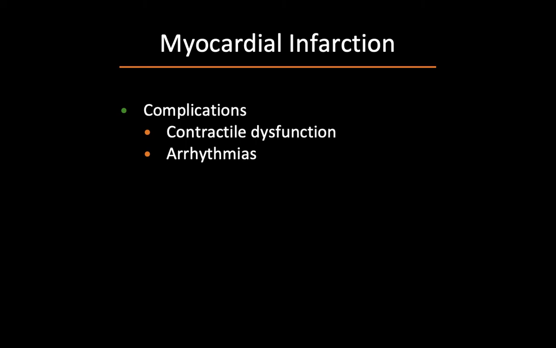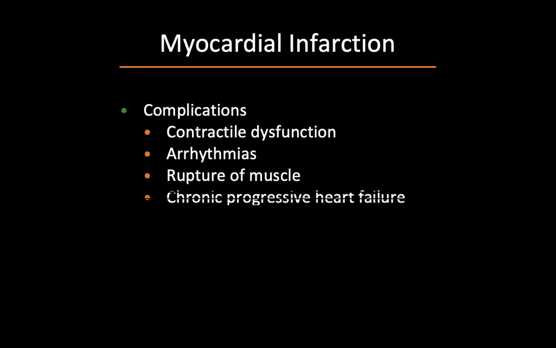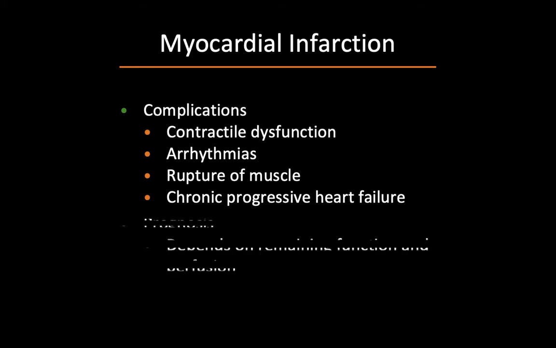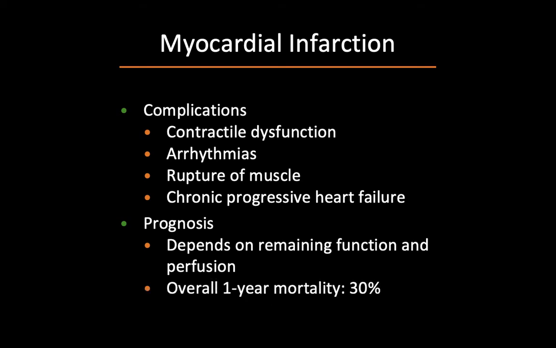It can also create arrhythmias. And then we've talked about ruptured muscle, and then we have chronic progressive heart failure. As these muscle cells become weaker, the heart continues to fail. It can't pump what it's supposed to pump. And the prognosis really depends on how many muscle cells we have, how well our heart is pumping, how much perfusion we have to our remaining muscle cells.